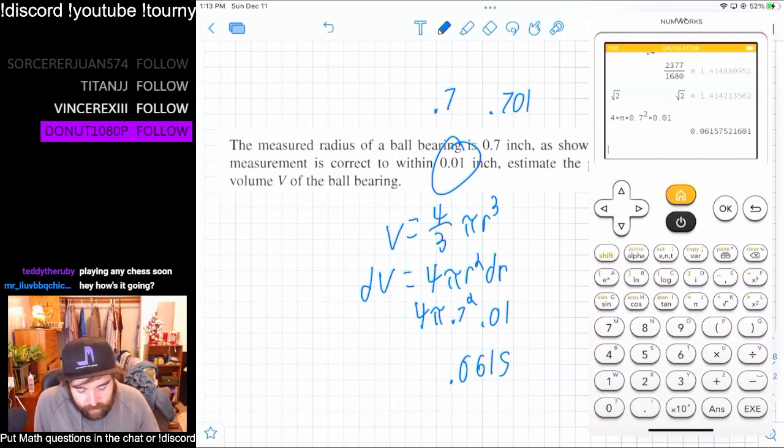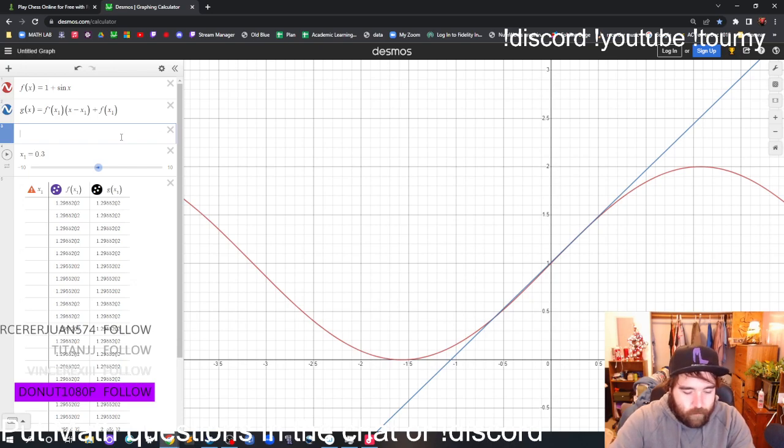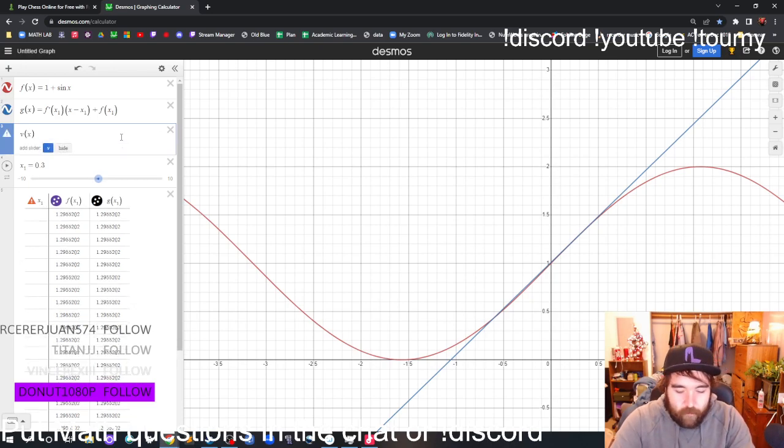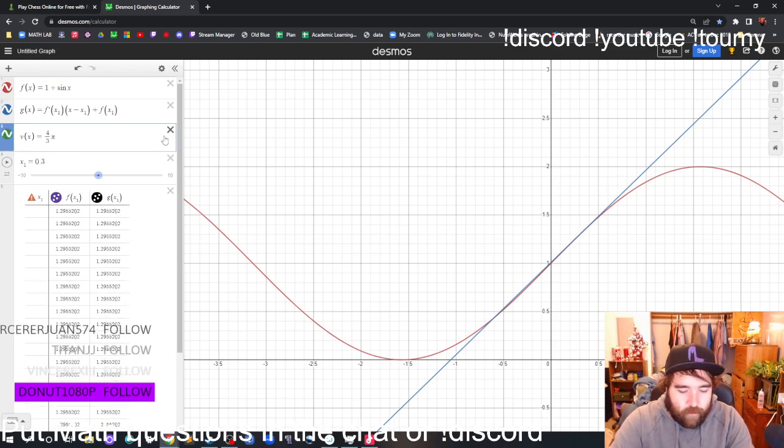So what happens if we actually find the volume? Let's go to Desmos for that, just because that's going to be so much easier. So I want to type in v of x. v of x is 4/3 pi x cubed.